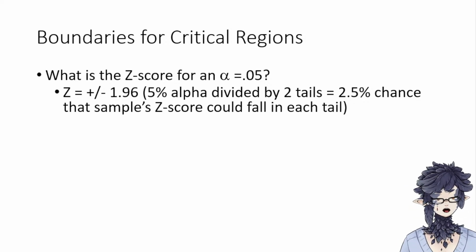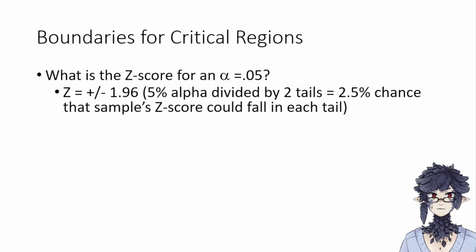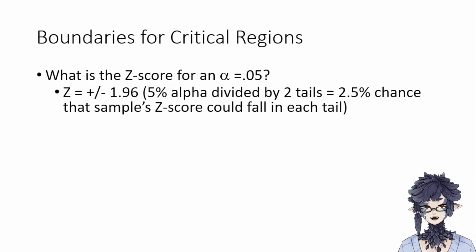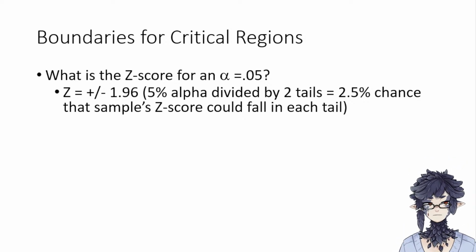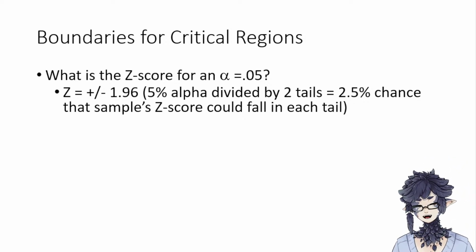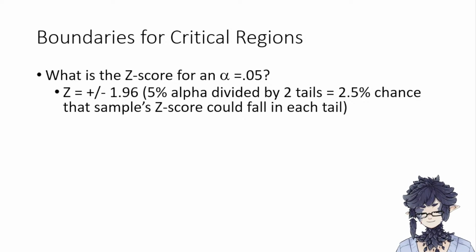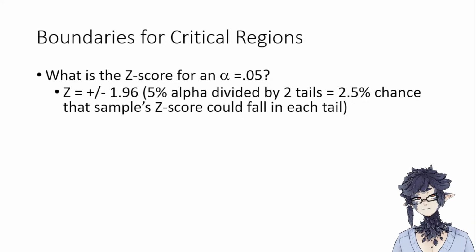I don't know why we call them type 1 and type 2 as opposed to false positive, false negative, because it's so much easier to mix up type 1 and type 2 than it is to mix up false positive and false negative, but I don't make the rules. If I made the rules, the language would make a hell of a lot more sense, and we would just say false positive and false negative instead of type 1 and type 2. Anyway, getting down from my soapbox, where were we?